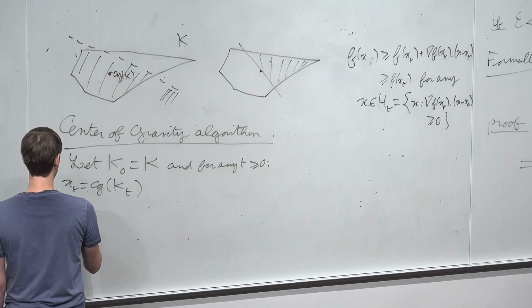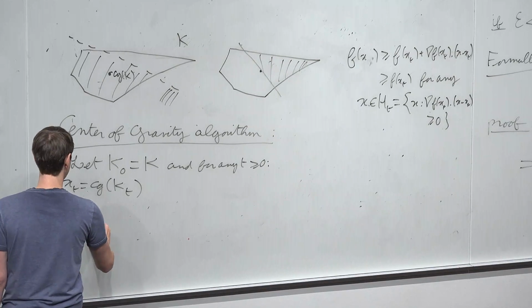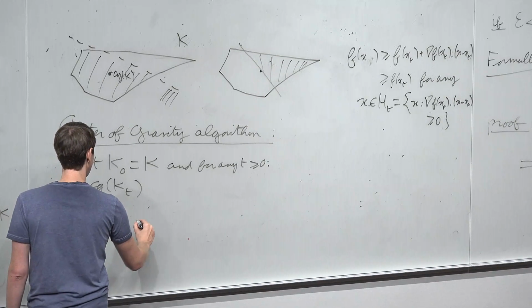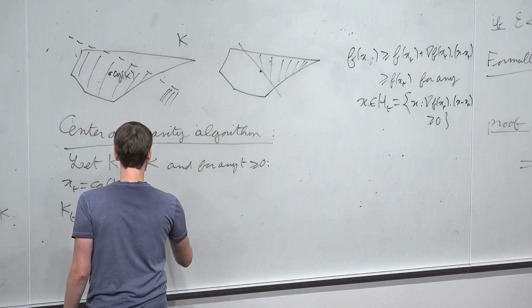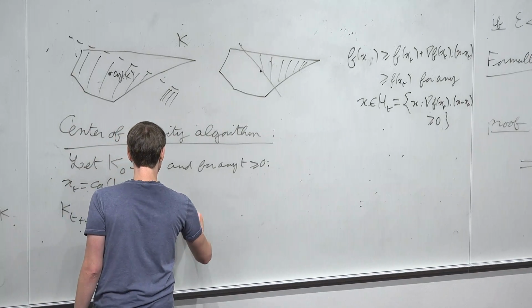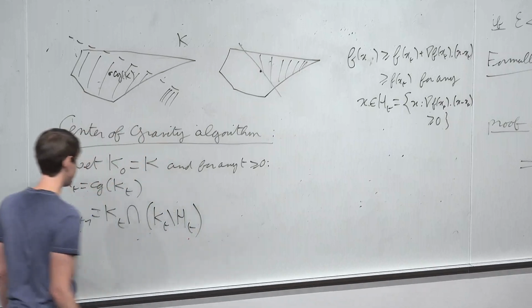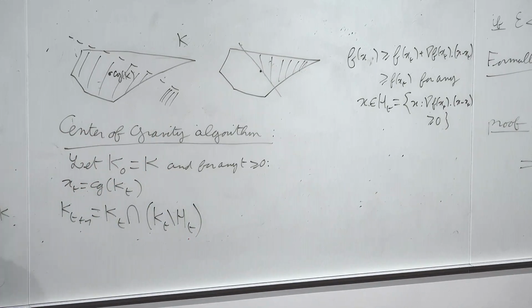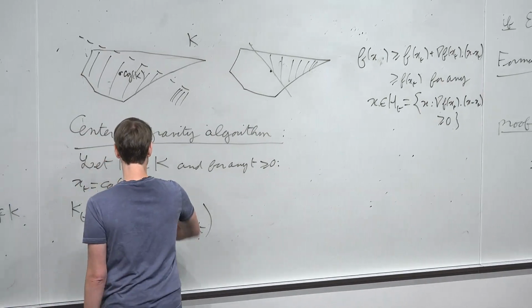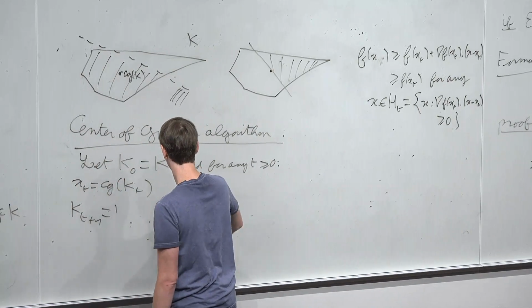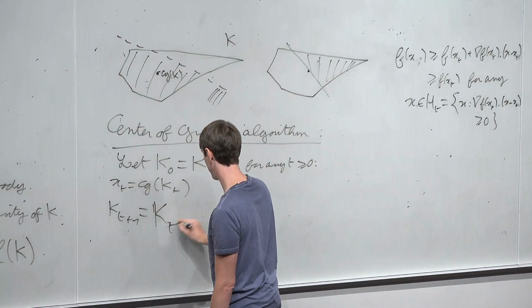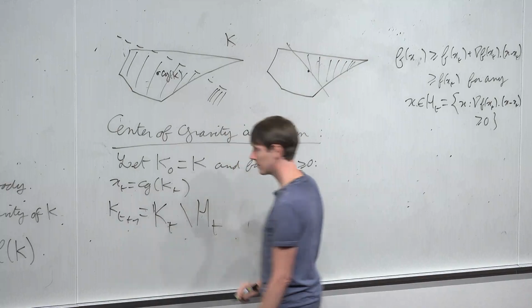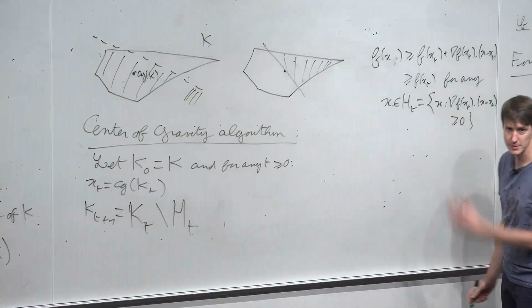And Kt plus 1, just take it to be Kt, where you have removed this half space, so Kt minus Ht. I just remove this half space.